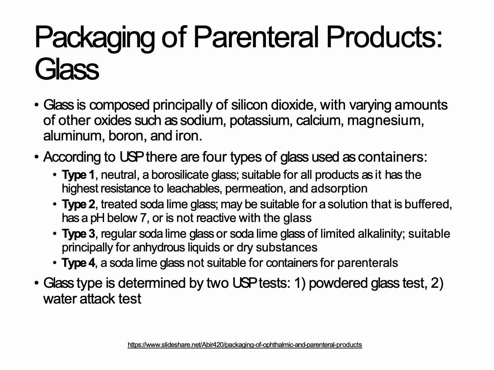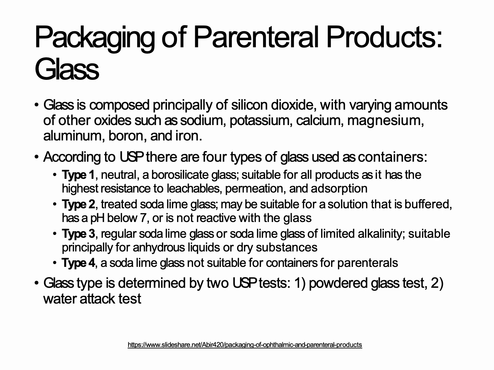It's primarily composed of silicon dioxide with additional oxides such as sodium, potassium, calcium, magnesium, aluminum, boron, and iron, which influence its properties. So the United States Pharmacopoeia, or USP, classifies pharmaceutical glass into 4 types based on its chemical resistance and suitability for different formulations.